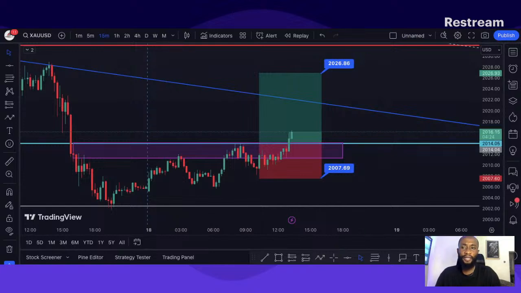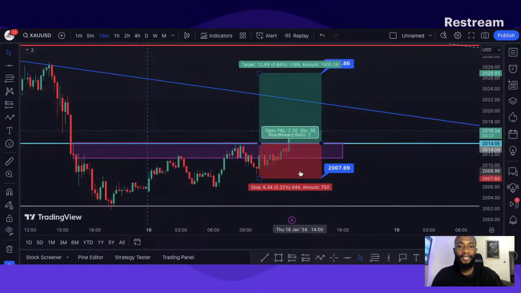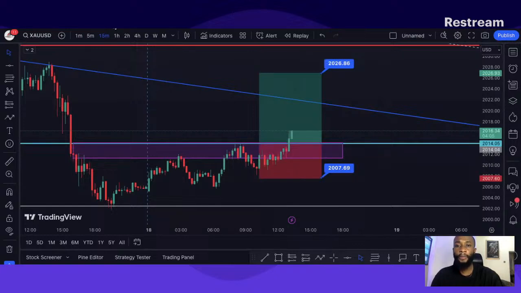Let me repeat myself. If you know how to calculate lot size, calculate it with the stop loss you are using to enter that trade. For instance, let me use this trade I called as an example. You can see that this trade is a 54 pips stop loss. If I want to enter this trade, let me calculate the lot size.